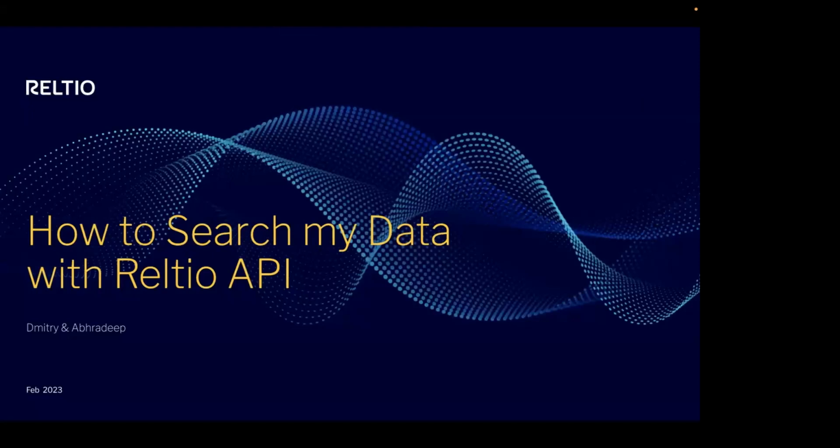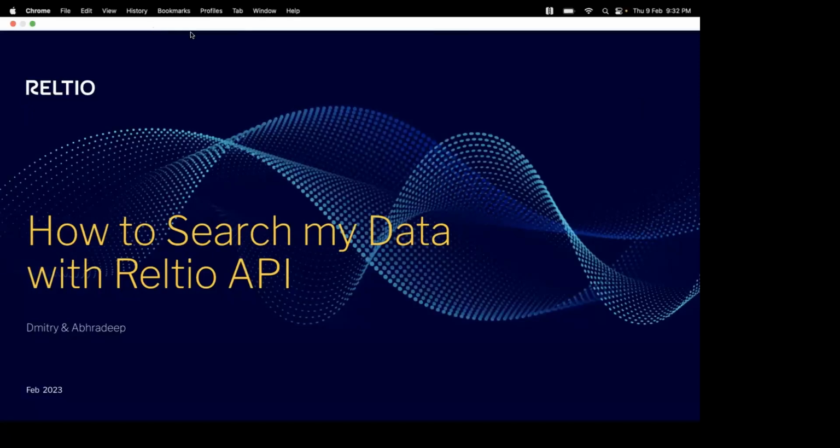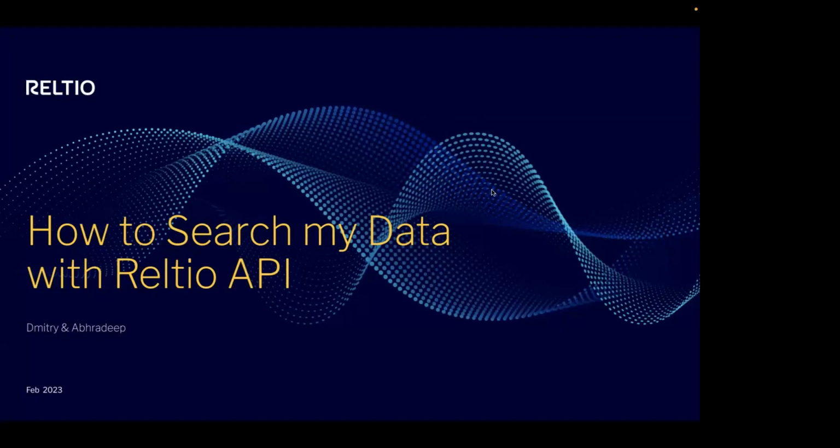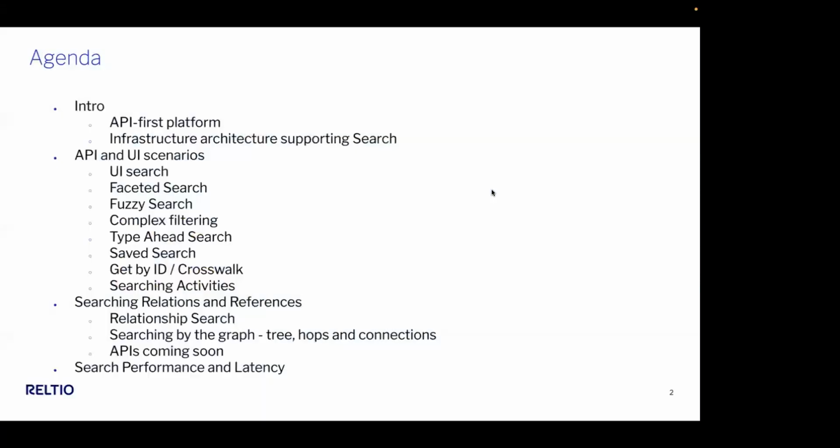Okay, how to search my data with Reltio API. Next slide. Today we will talk about our platform and the value that it brings, that our platform is an API-first platform, and how that impacts and streamlines how we work with the platform.